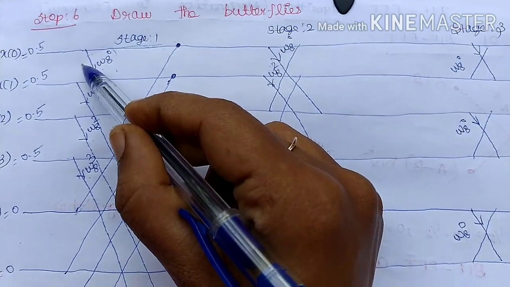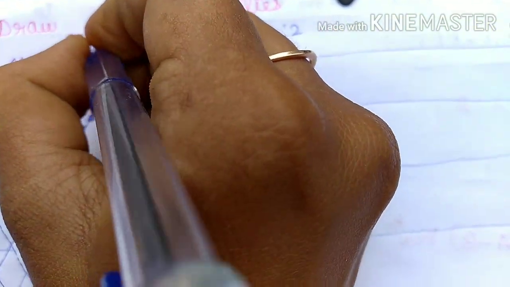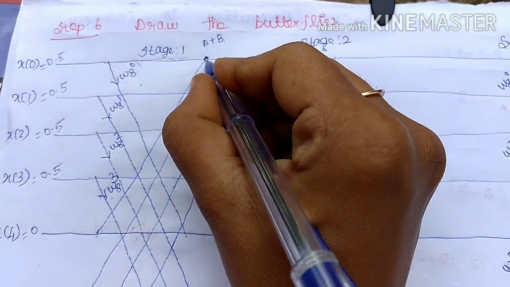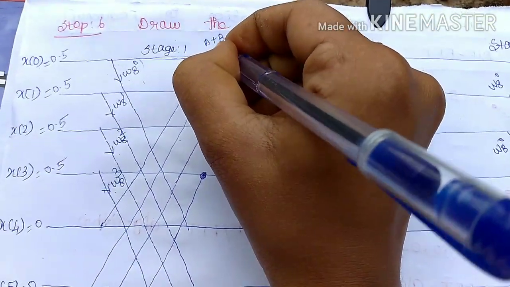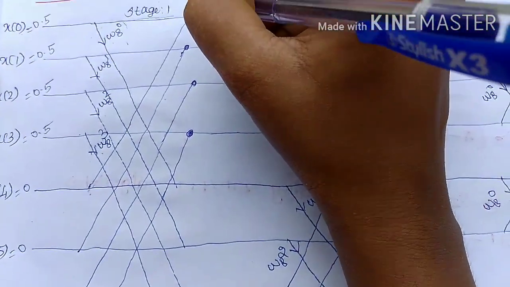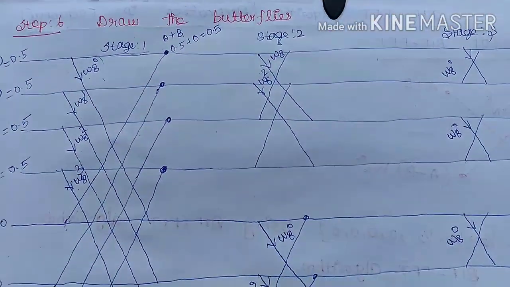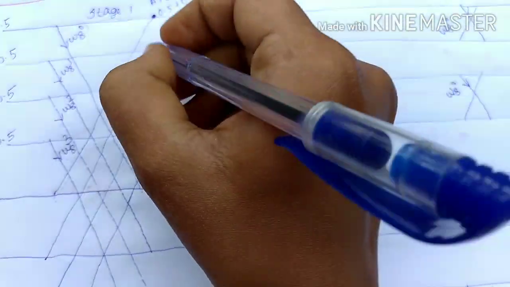Okay, so for calculating the top word answer, my formula is A plus B. So here for this point my A value is 0.5 and my B value is 0. So I am getting 0.5 as my answer.